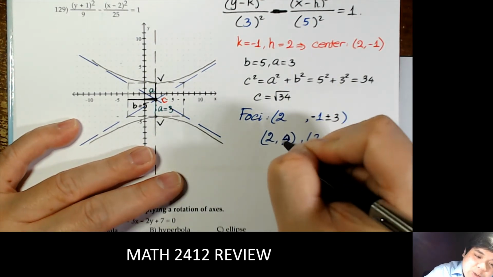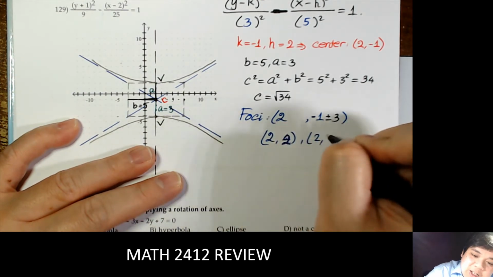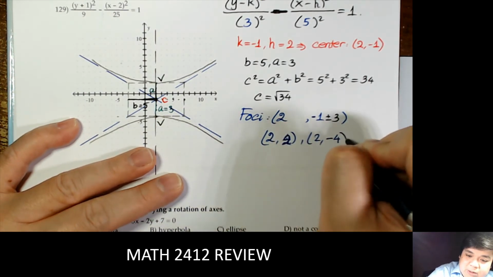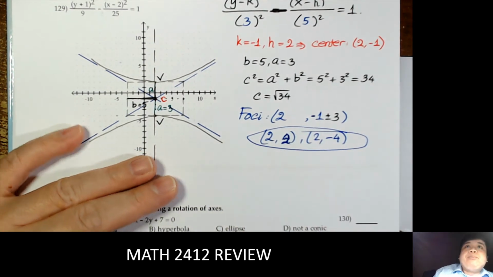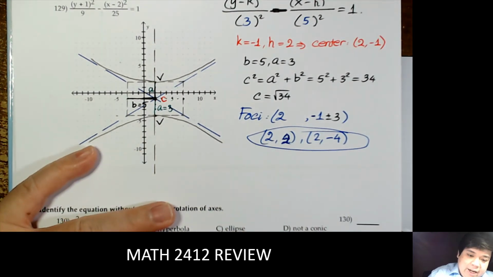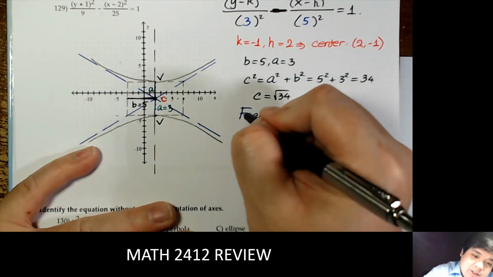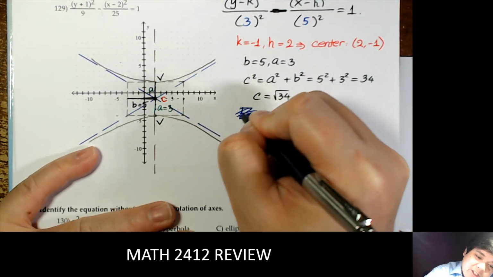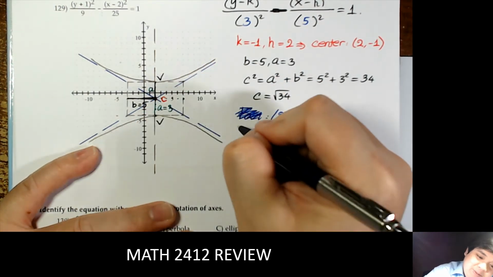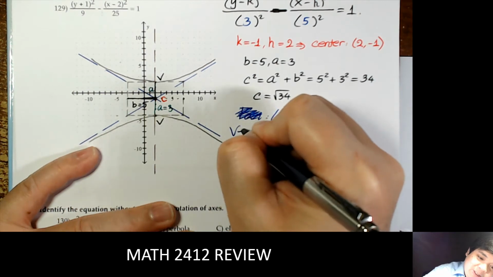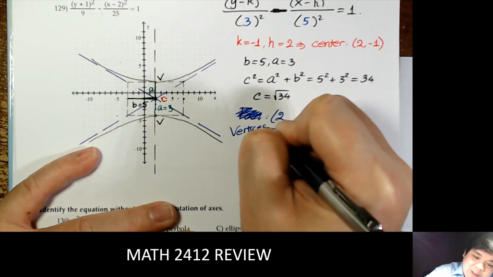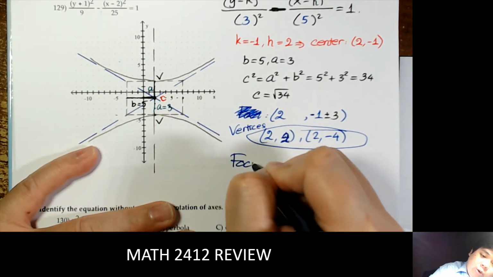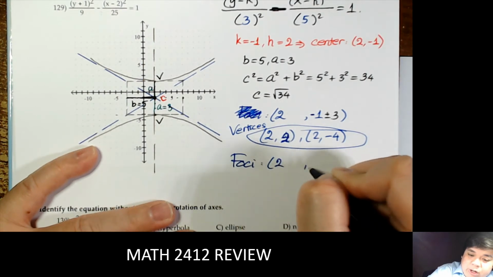So 2 and 2, and 2 and -4. Right, 2 foci there. And then, sorry, that is the vertices, not the foci. The foci though, again, start from 2 and -1.